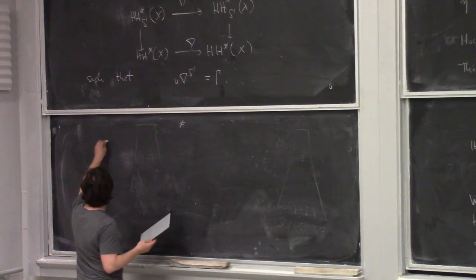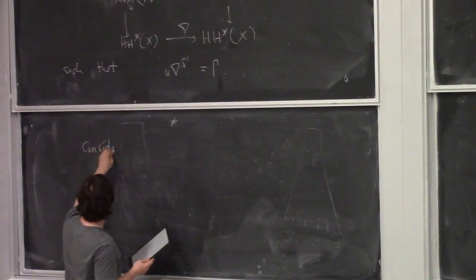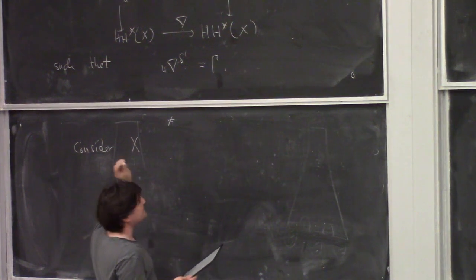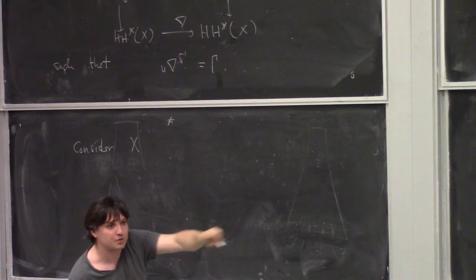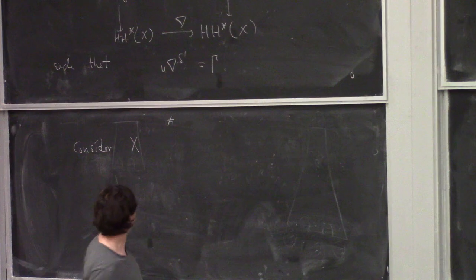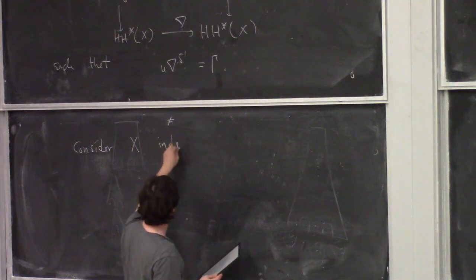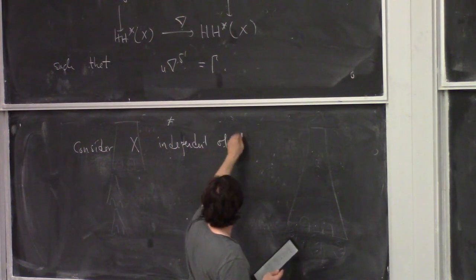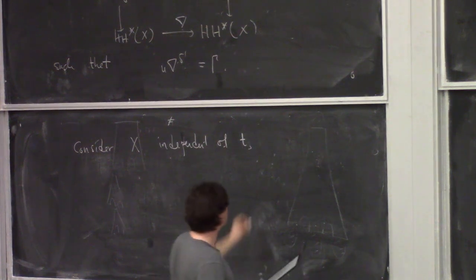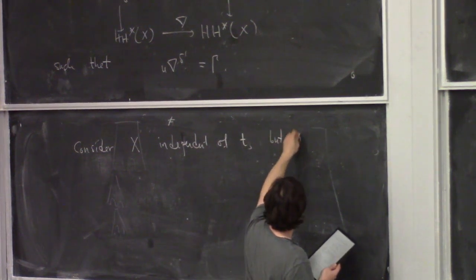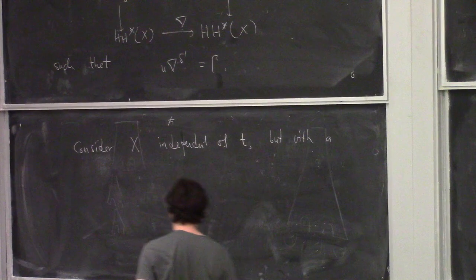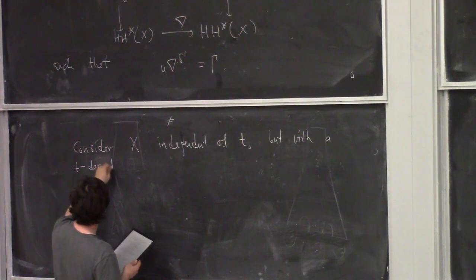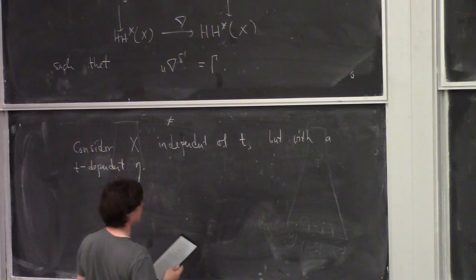Okay, so consider the simplest case. What is a case where this assumption can actually hold? A simple case. So consider x actually independent of t, but with a t-dependent beta. Okay?